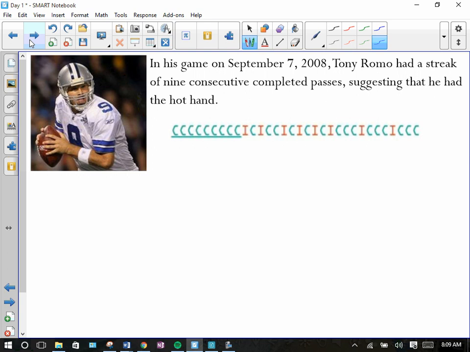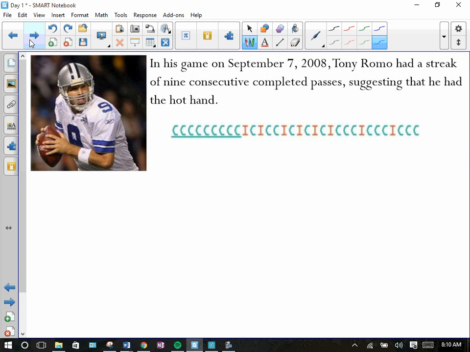So, what we're going to do here is walk through this and use this to draw a conclusion about, did Tony Romo have the hot hand? This is his actual performance. Now, the question that we're trying to figure out is, does this streak of 9 successful performances give convincing evidence that Romo had the hot hand?